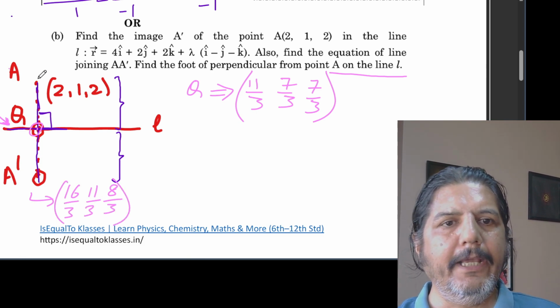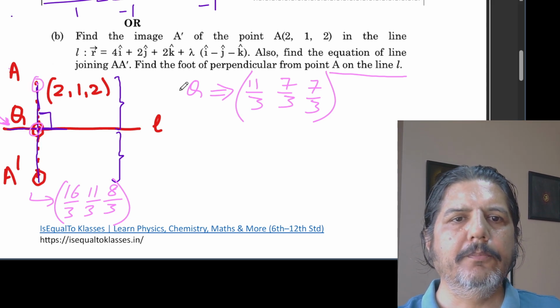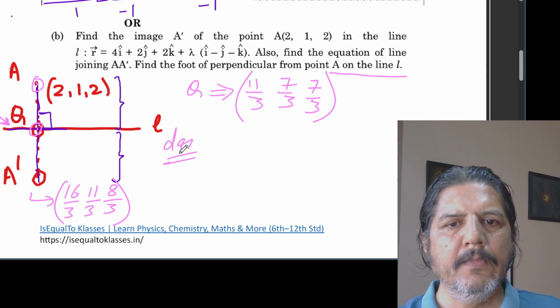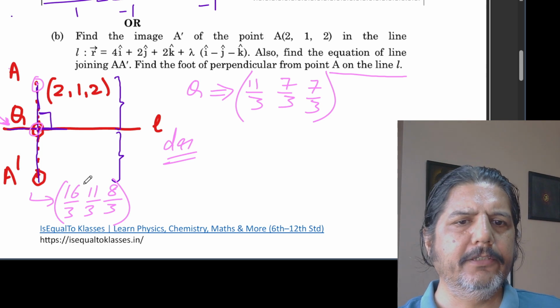Now I have got A dash also, and the things are pretty simple. I have to find the direction ratios. They can be found simply as 16 by 3 minus 2, 11 by 3 minus 1, 8 by 3 minus 2.